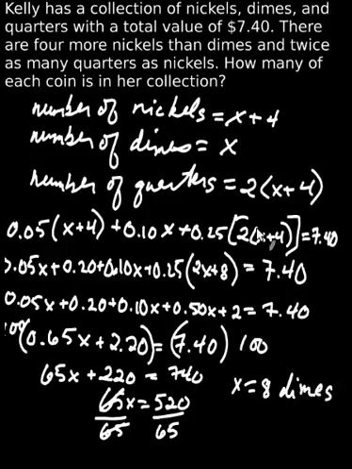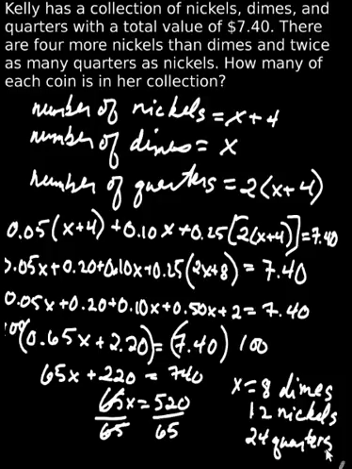And the number of nickels is x plus 4, that would mean you have 12 nickels. And the number of quarters, you take x plus 4, which is what we just found, 12 times 2, and that's 24. So you end up with 24 quarters.